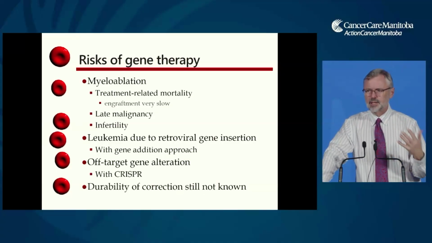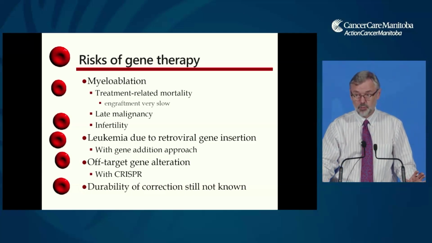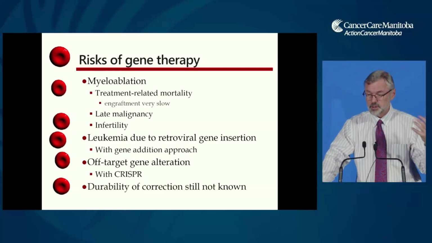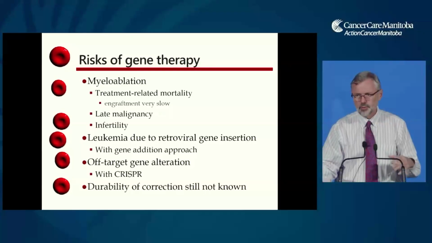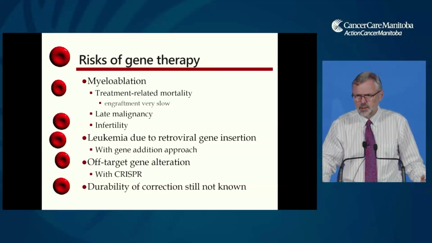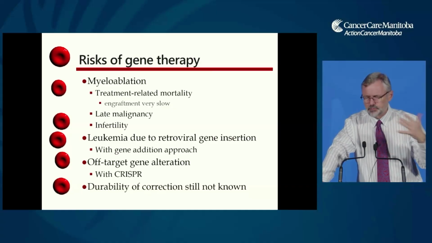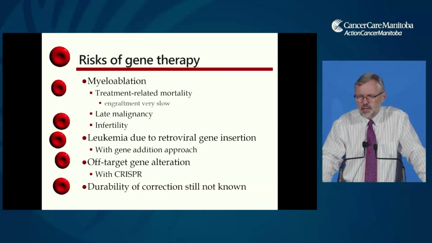And if you break a cancer-regulating gene, maybe you'll cause cancer. That has been a very big worry with some of the other gene therapy approaches that use retroviruses to get into the genome. That's not as big a worry with the CRISPR approach that's the one approved. But there's still concern that you'll have some other effects. And as I say, the follow-up is relatively short still.